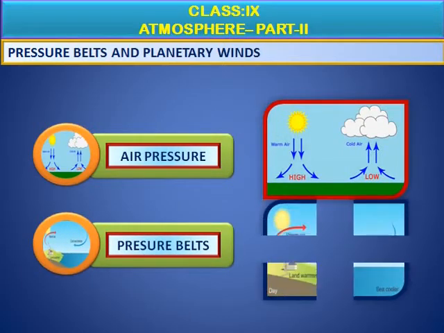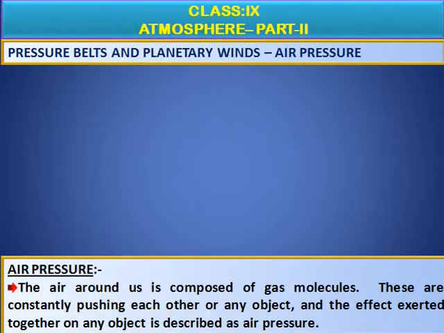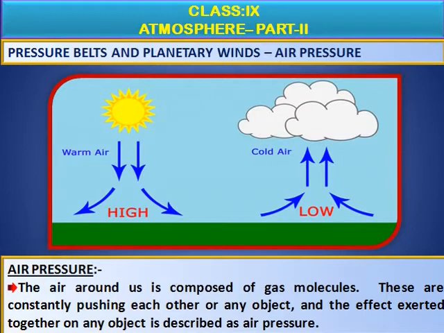Now, air pressure and pressure belts. The air around us is composed of gas molecules. These are constantly pushing each other or any objects, and the effect exerted together on any object is described as air pressure.